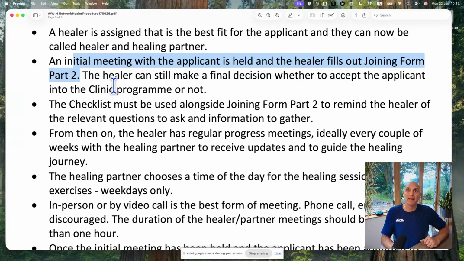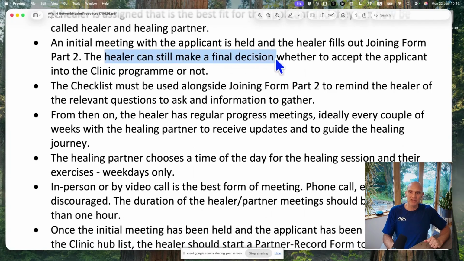Now, this is the bit where we're going to give you an assignment in the role plays. So we're going to present a meeting. One of us is going to pretend to be a healing partner, and you're going to interview us as part of that initial meeting, and you're going to then fill out joining form part 2.